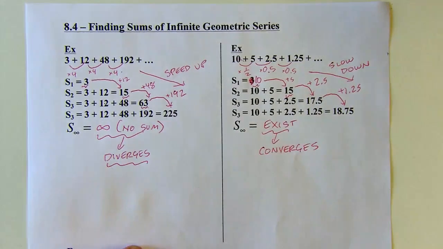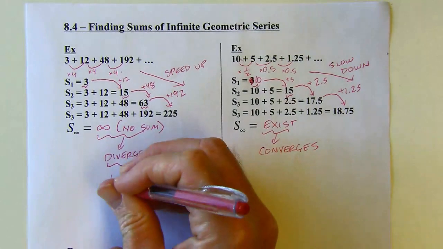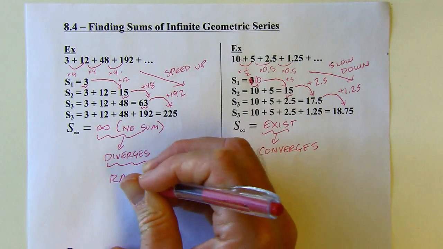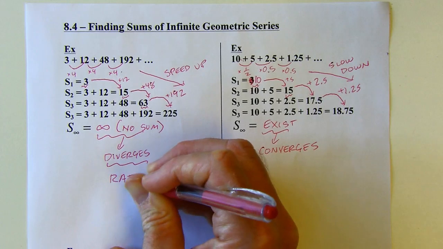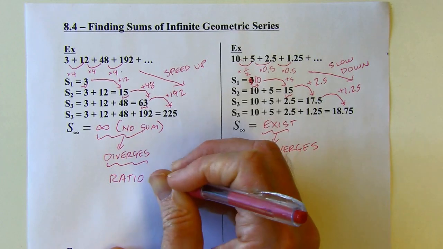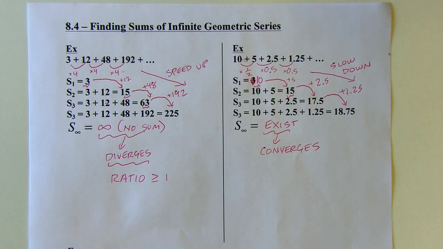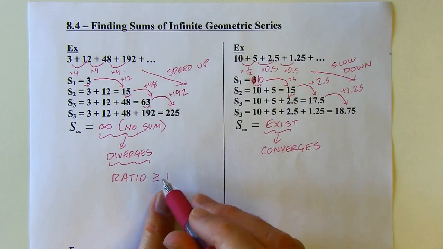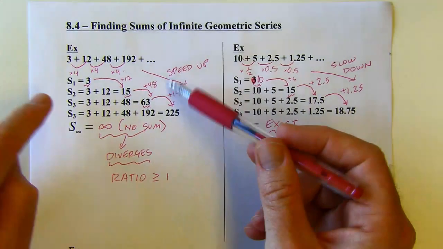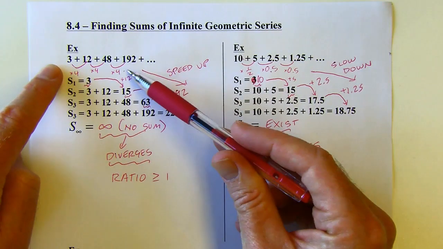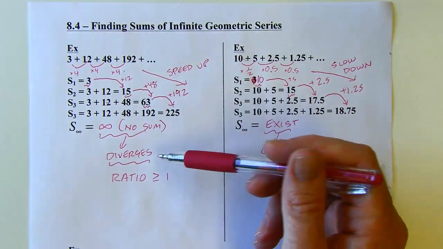For a series that diverges, the ratio is going to be more than 1. Or I really should say more than or equal to 1. Here I've got a ratio of 4, so that is going to diverge.